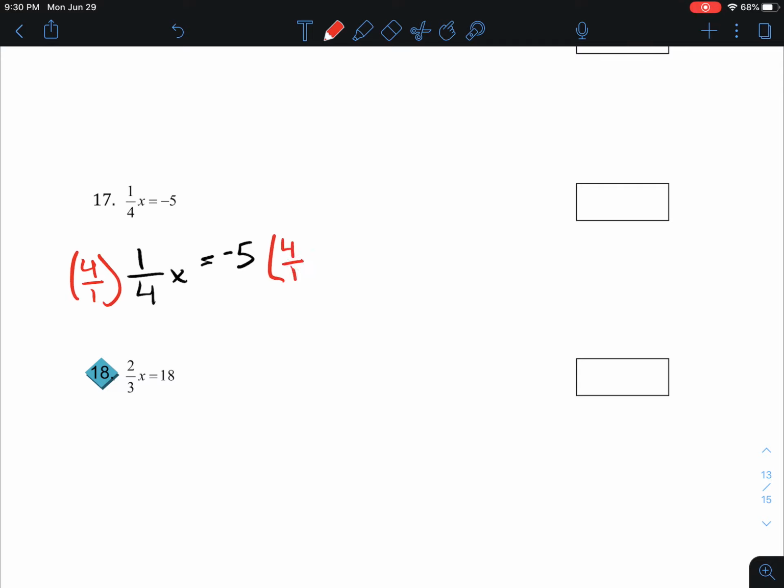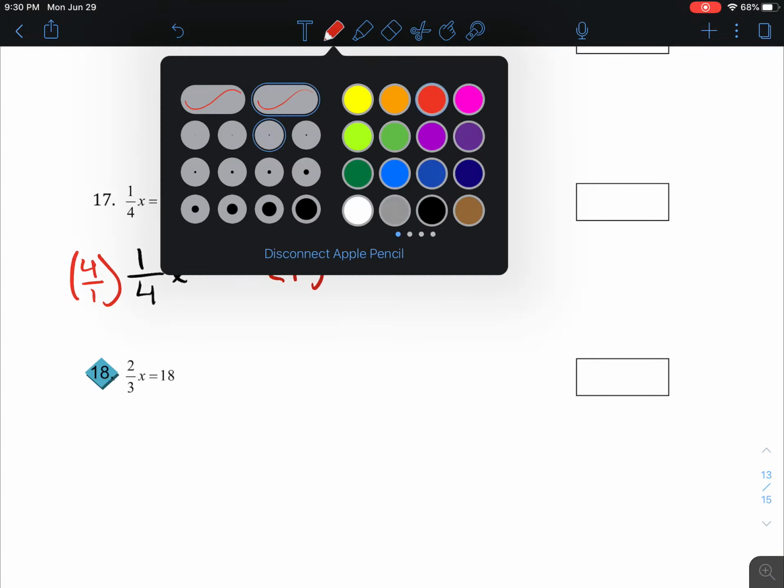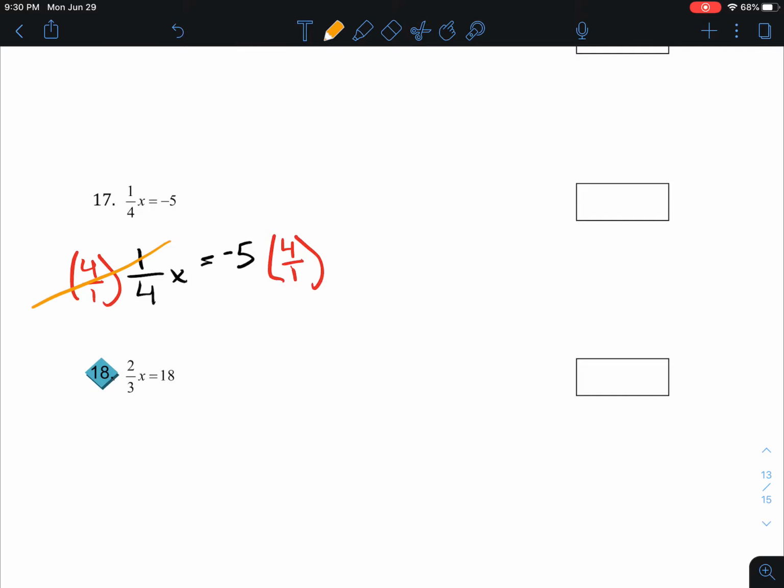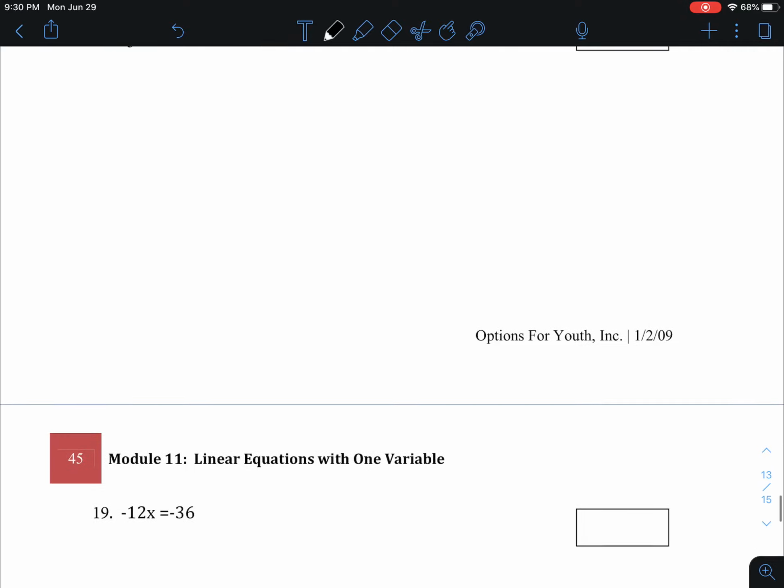Since I did that to one side, I have to do it to both. That allows the 1/4 and the 4/1 to cancel out. And what I'm left with is x equals negative 5 times 4, which is negative 20 over 1, which is just negative 20. So go ahead and complete 18 now, following the same exact steps.